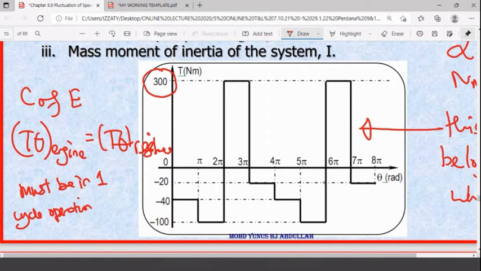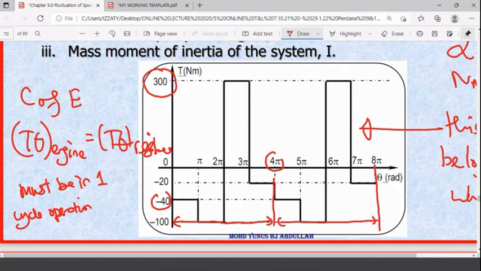Reading the graph is to check whether the graph represents one cycle or more than one cycle. So it starts, goes straight down, straight up, then down again. It will end up at 4 pi for one cycle. The next starts all over again. So this one is 2 cycles.